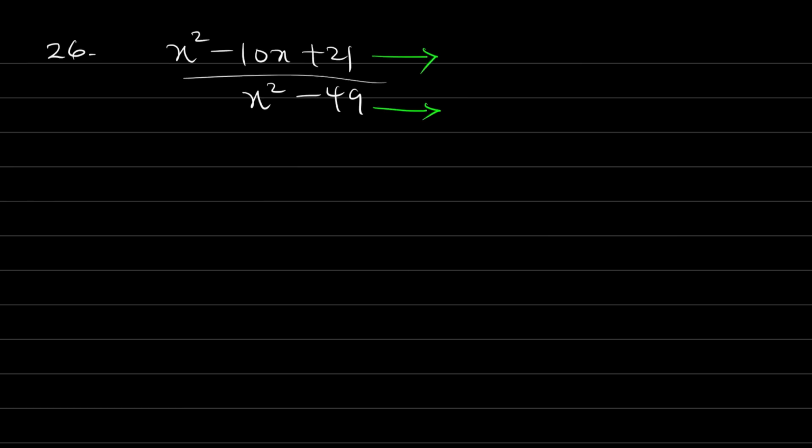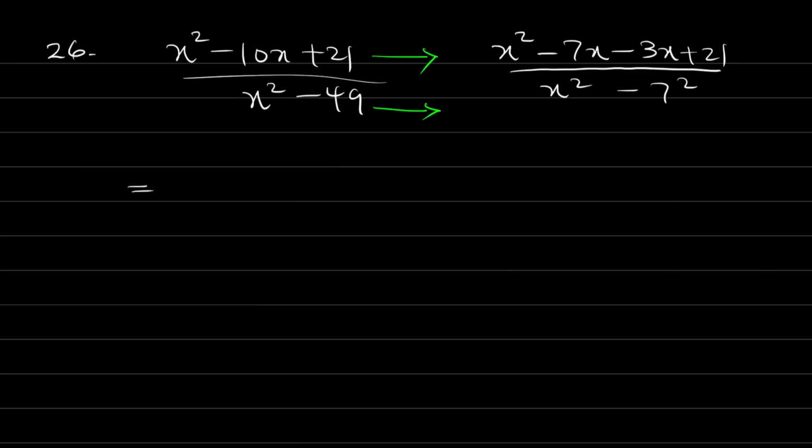The numerator can be written as x squared minus 7x minus 3x plus 21, while the denominator can be written as x squared minus 7 squared.